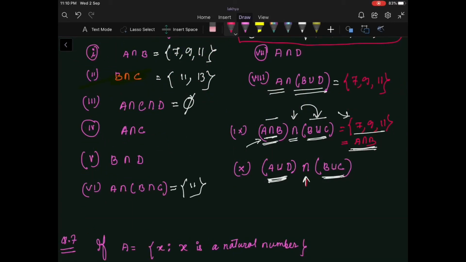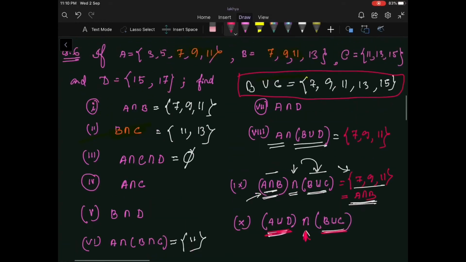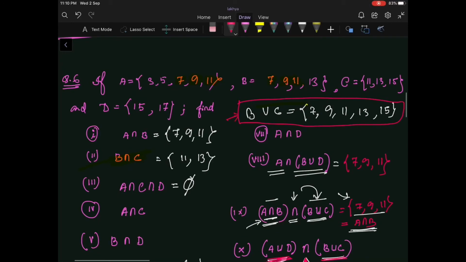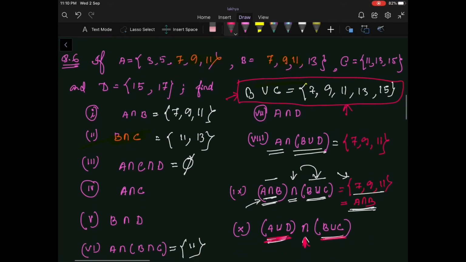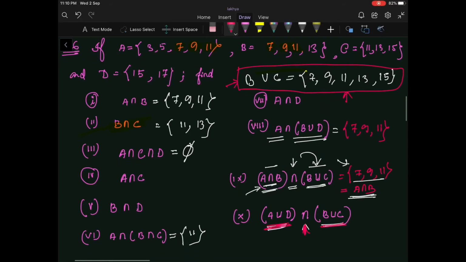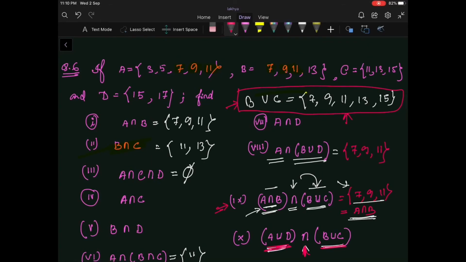That's why we can write the set, or we can write as A intersection B. Now let us find intersection of A union D and B union C. So we already have B union C. We have already done this B union C while we found the result of question number 9 of question number 6.